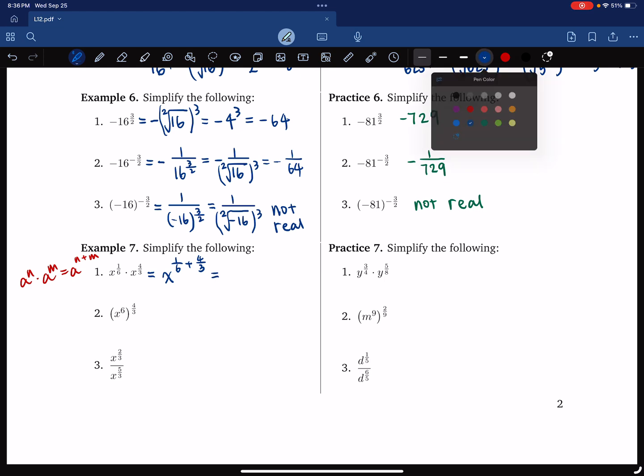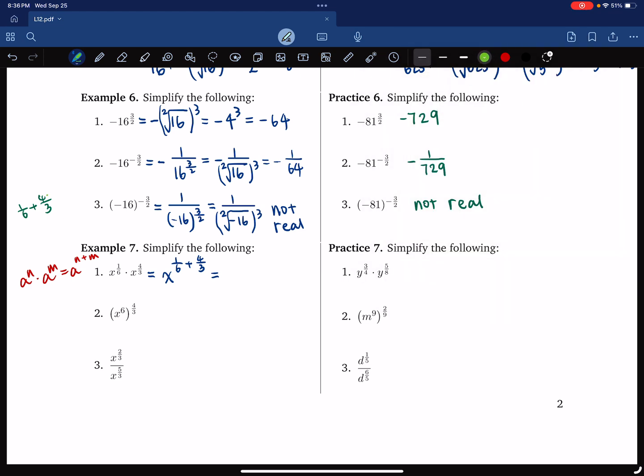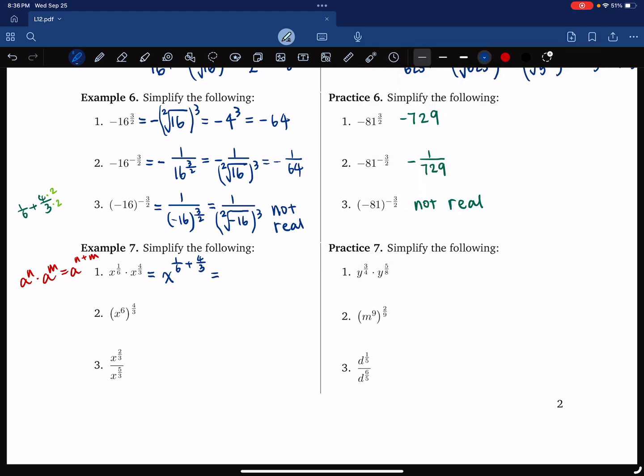So let's do the fraction calculation somewhere else. 1 over 6 plus 4 over 3. First, find the LCD. The LCD in this case will be 6. So I'm going to multiply the second fraction up and down, top and bottom by 2.